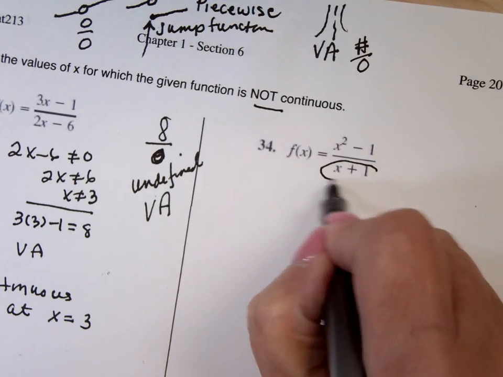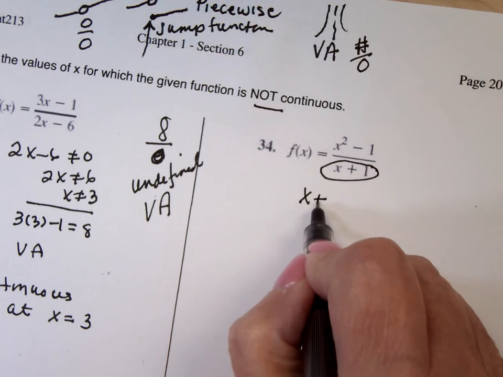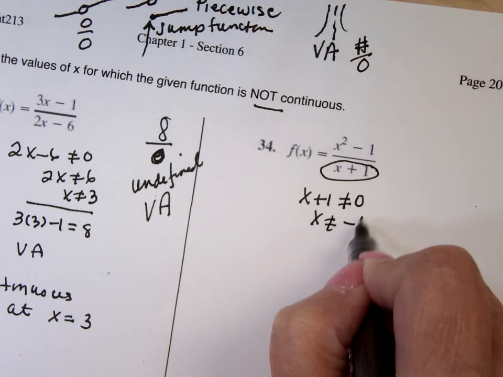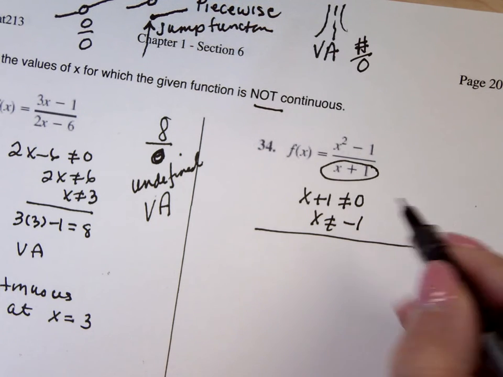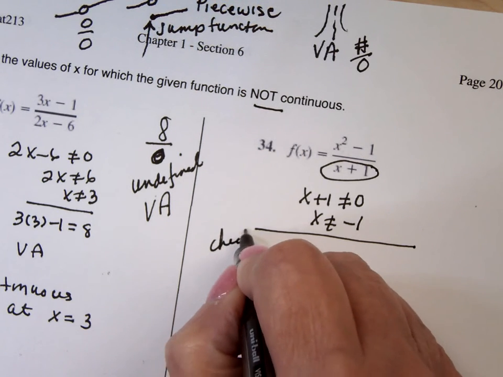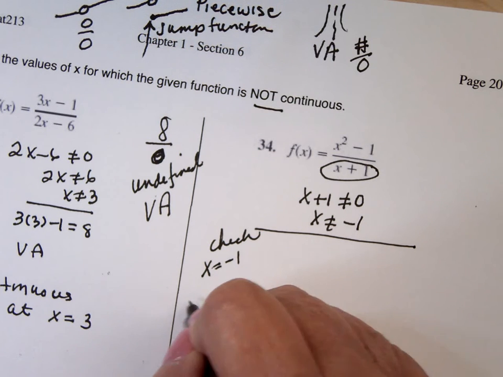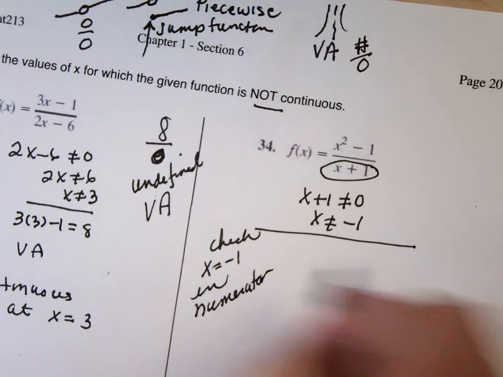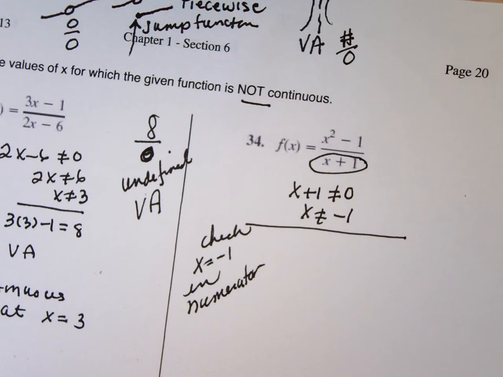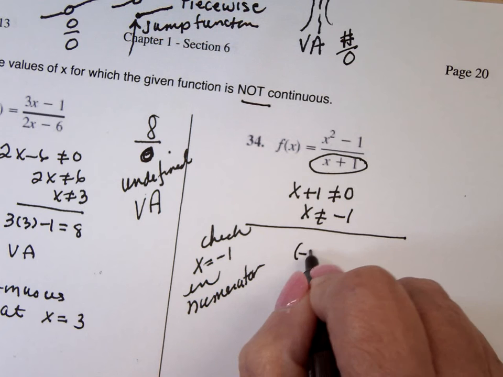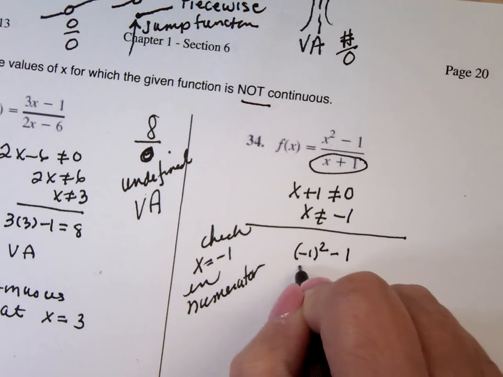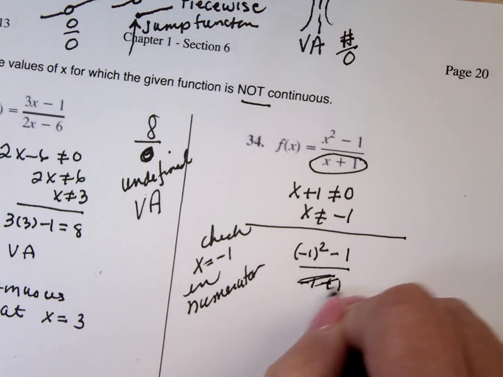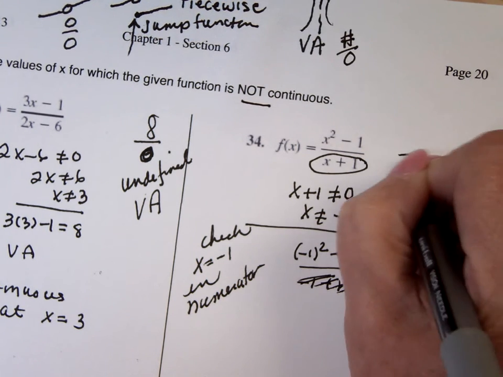Again, I have a denominator, so x plus 1 can't be 0. X can't be negative 1. Now I'm going to check negative 1 in the numerator. Check x equal negative 1 in the numerator. I get negative 1 squared minus 1 over negative 1 plus 1. Whoops, in the numerator. Sorry about that. I get 0. So in the denominator, I get 0.